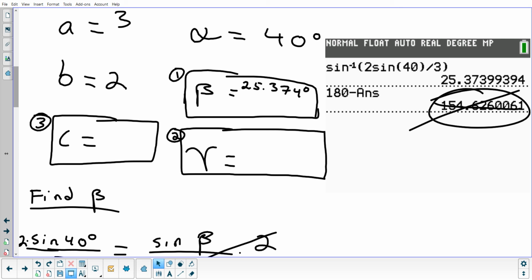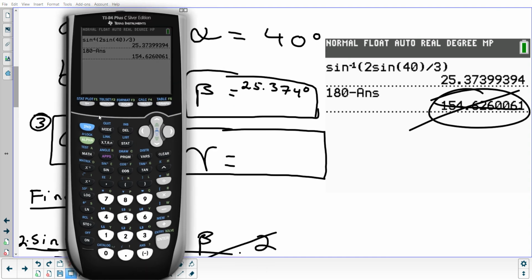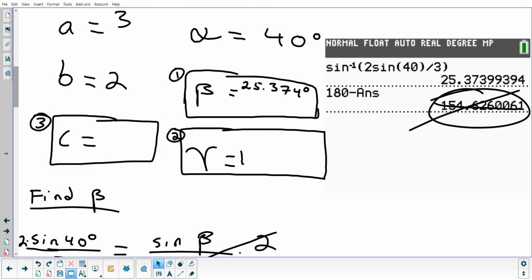Just subtract the sum of alpha and beta from 180. Yeah, so these add up to 65. So just subtract that from 180, and there's your answer for gamma. So 180 minus 65.374, that's 114.626.